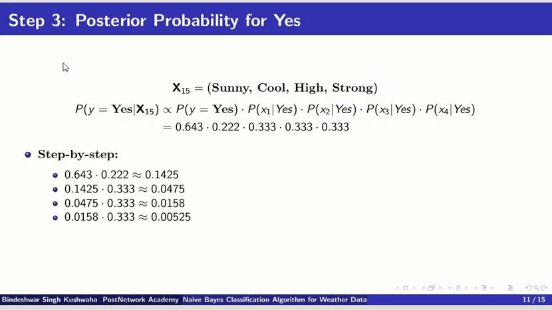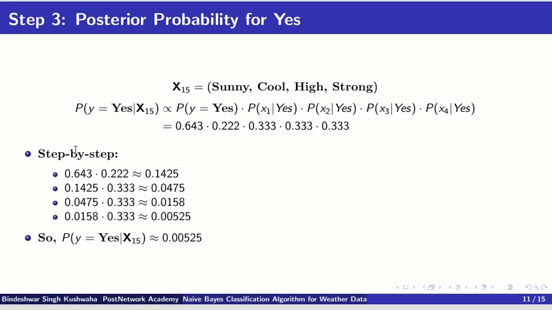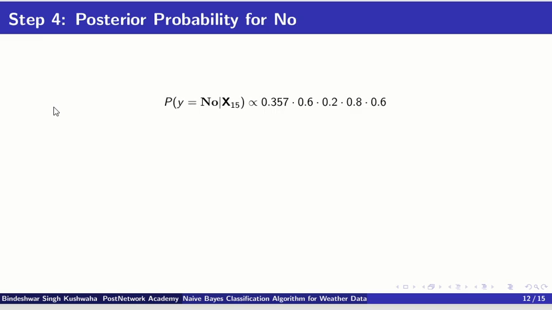Now we will find it here and thereafter the final probability, probability of yes given x15, that would be 0.00525.